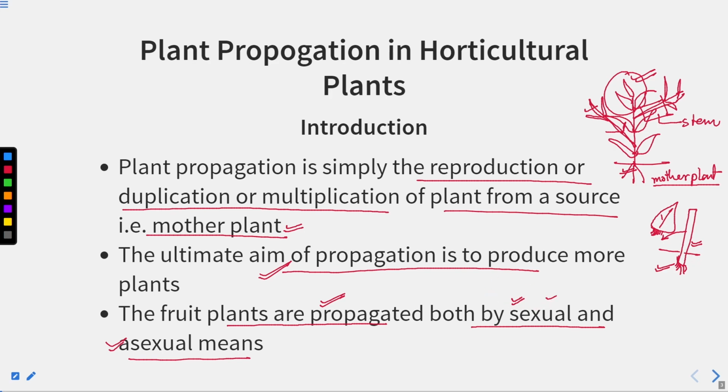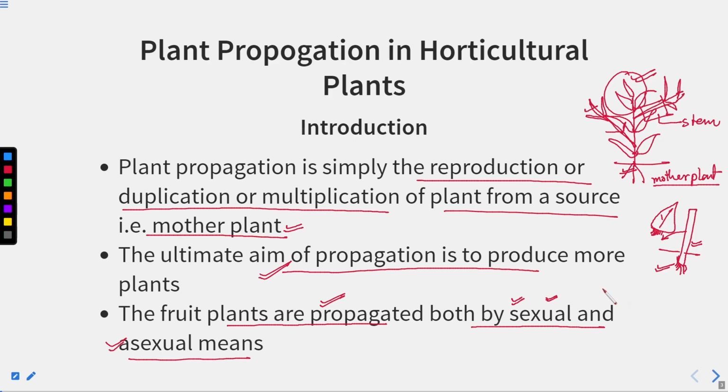But if we go for the sexual method, then what will happen? There will be the pollination process, there will be a fertilization process, then the ovule changes into seeds and the ovary into fruit. When the fruit ripens, the seed will be sown and the new plant will emerge. The establishment of the new plant takes time.